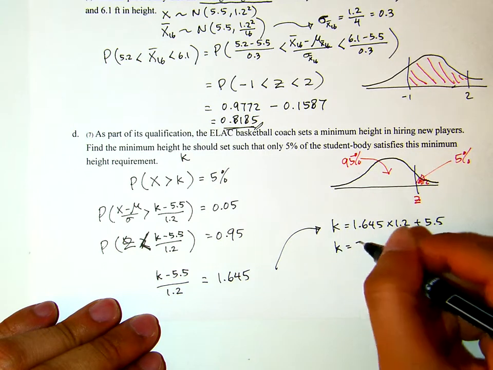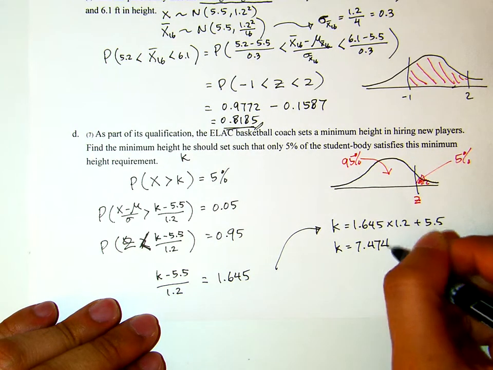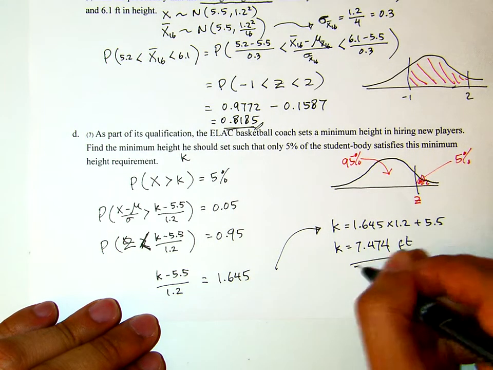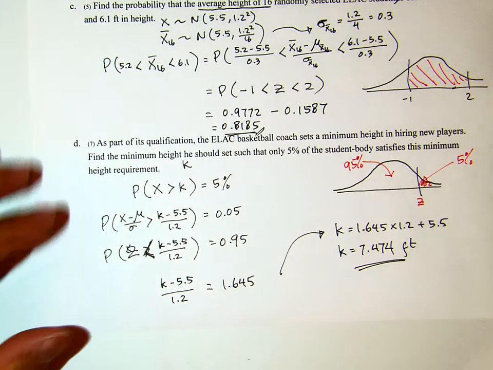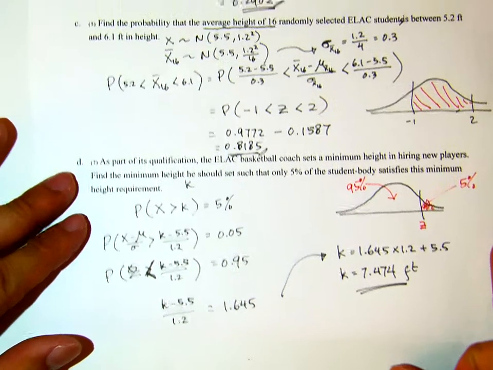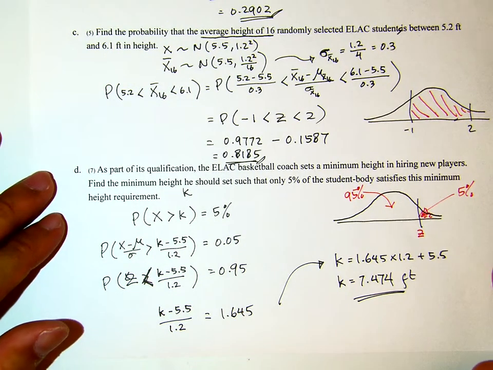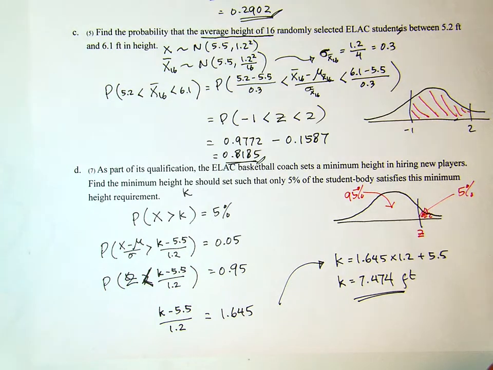K equals 7.474 feet. Oh, that's a very tall person. You know, this data that I use here is not real data, it's made up data. This is from Fall 2010, Math 227, Test 2, number 5.